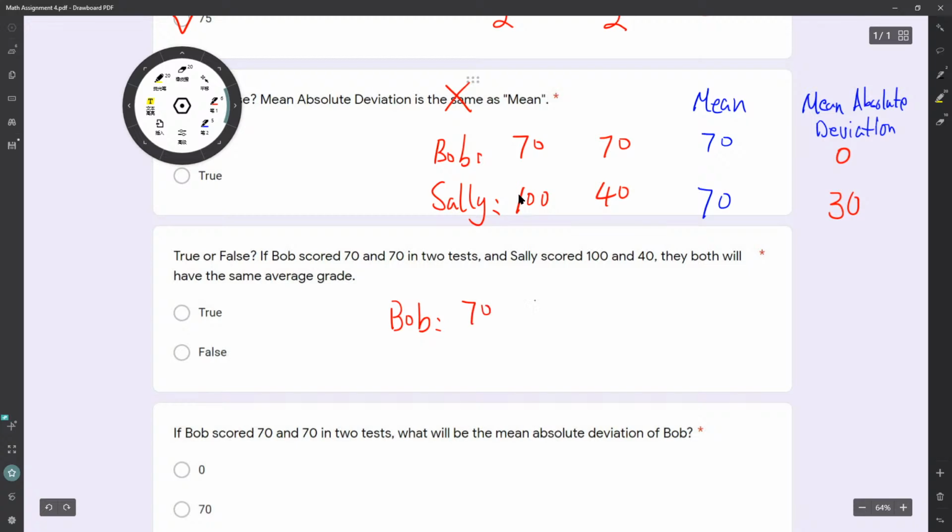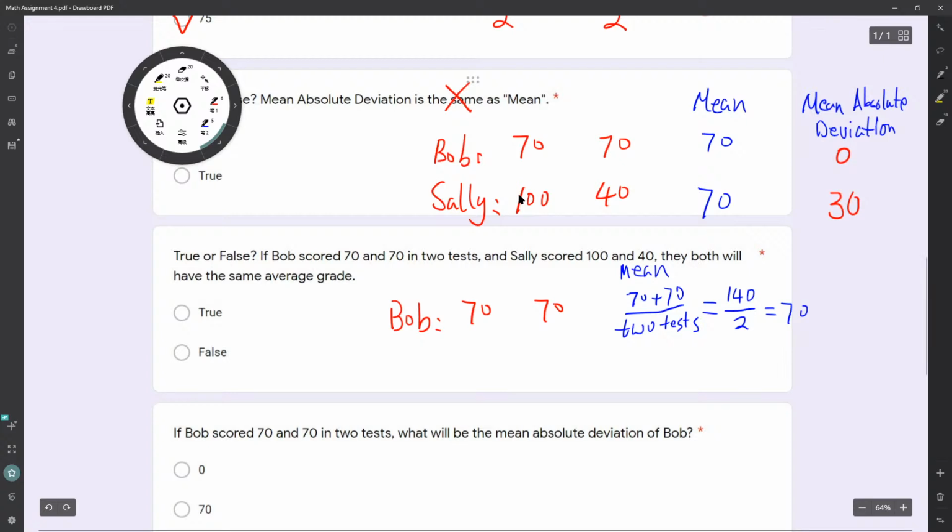he got 70 and 70, and to find out the mean, we put things together. So 70 plus 70, and then equally divide among two tests. That will be 140 divided by two tests. That will be 70. And for Sally, she got 140, right?